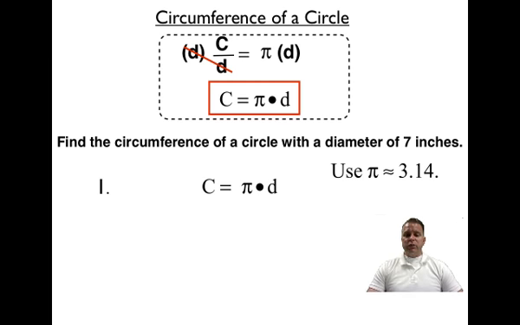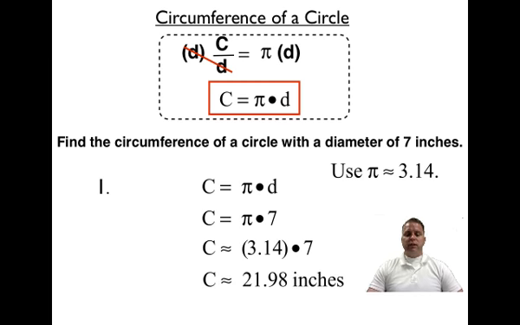So if we have C is equal to pi times d, and we know that the diameter is 7, and we know that pi, we're going to use 3.14 for that. We whip out our calculators, we do 3.14 times 7, and we'll get that the circumference is approximately equal to 21.98 inches.